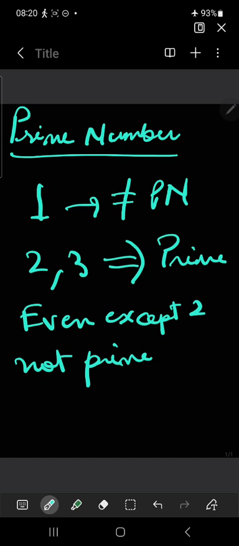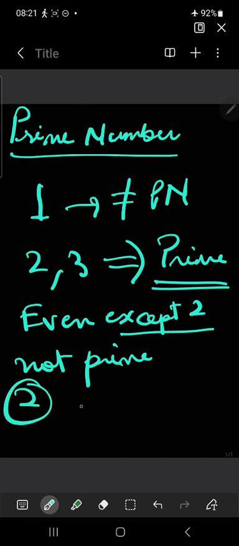As I have already told you, even numbers are not prime numbers except 2. 2 is the only even prime number we have.